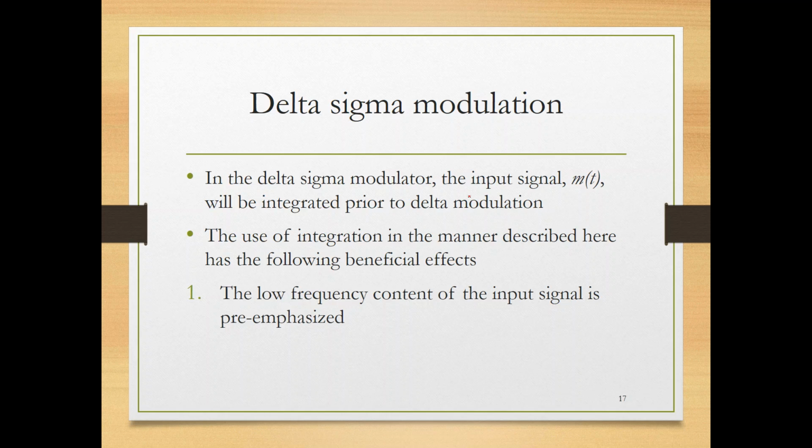What's the effect of using an integrator at the input of your delta modulator? What benefit would you gain? The low frequency content of the input signal will be pre-emphasized. The low frequency content, when you integrate, will be enlarged. And this can solve the error propagation problem.